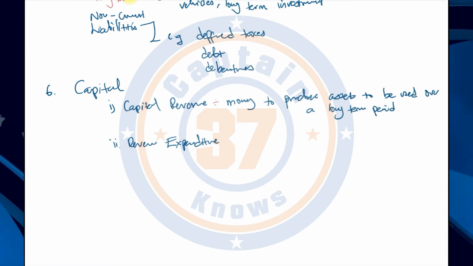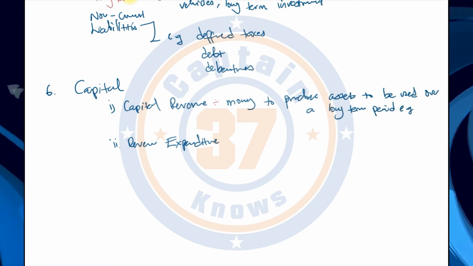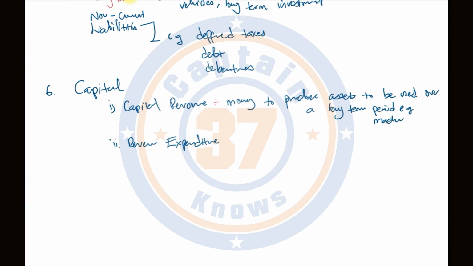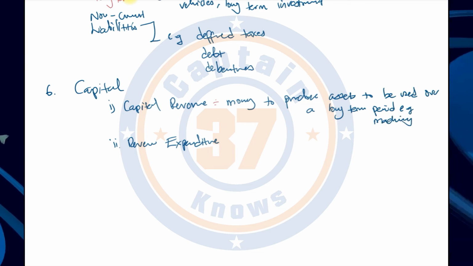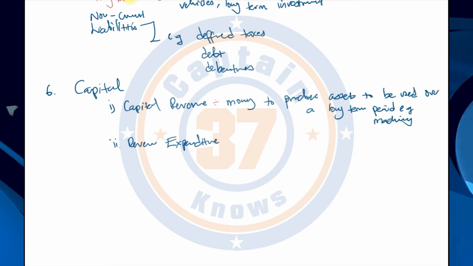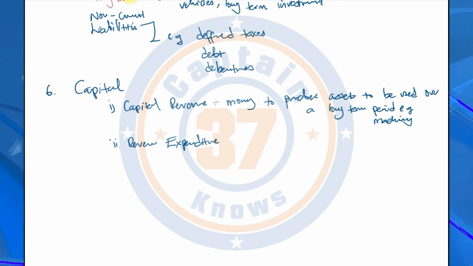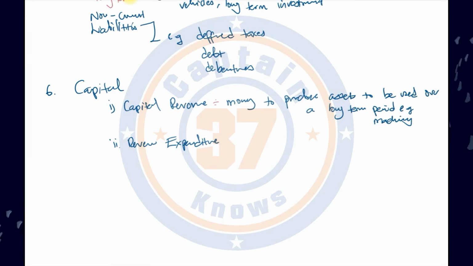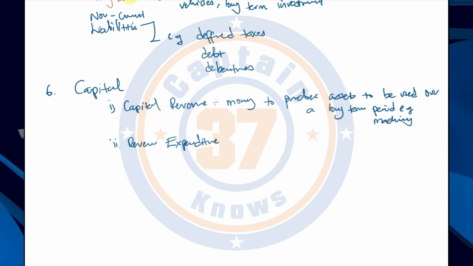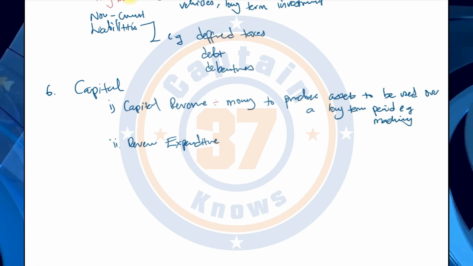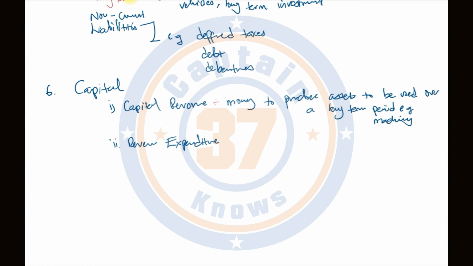Examples of these assets are machinery. That's just one example. So when you get money to buy capital equipment, such as machinery, that is what is classified as capital revenue.